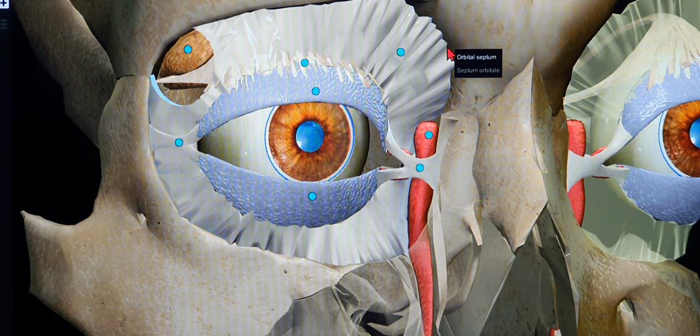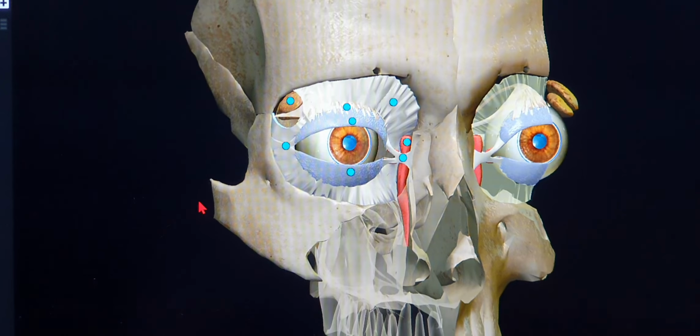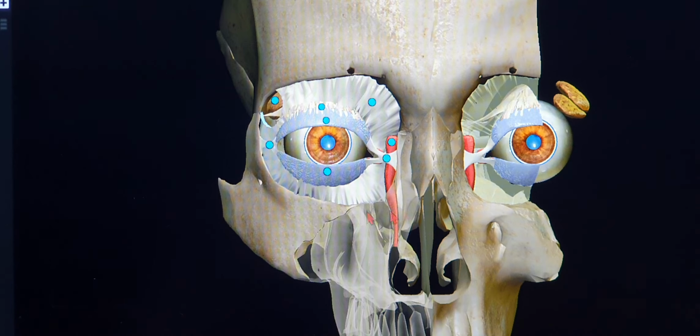And the last point I need to tell you is that the anterior one-third of the midface always drains into the pterygoid venous plexus, and that occurs through the valveless ophthalmic veins.